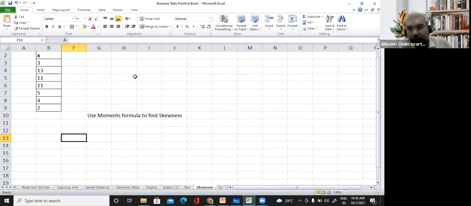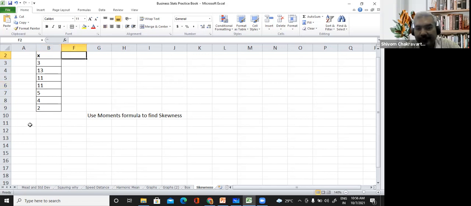Those of you who are on a computer can easily use Excel. Otherwise, it's not a very big data set, and these are not complicated numbers. All are less than 20 with no decimals, so you can try by hand also.